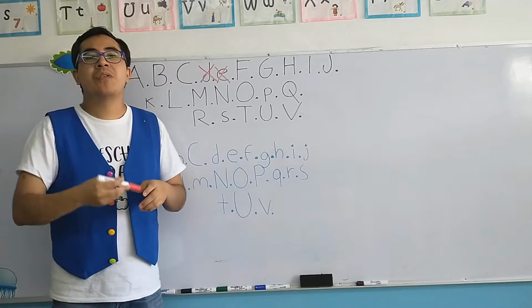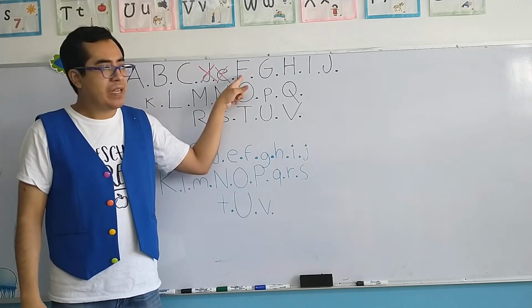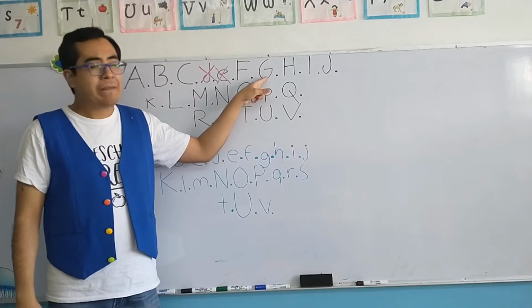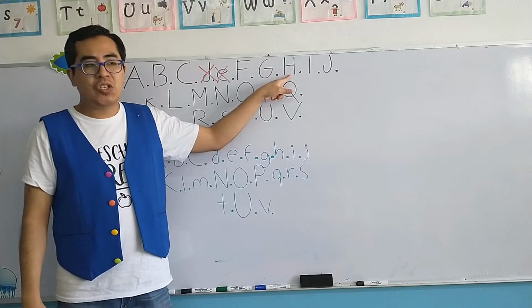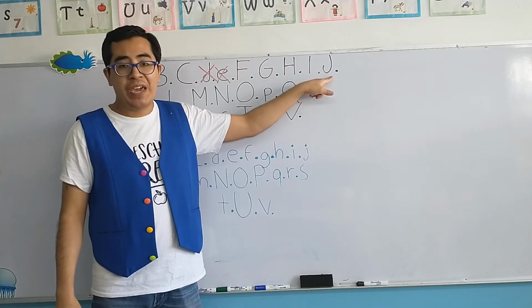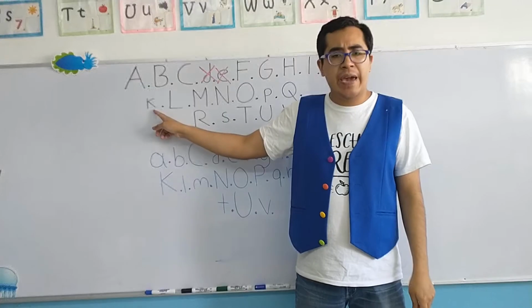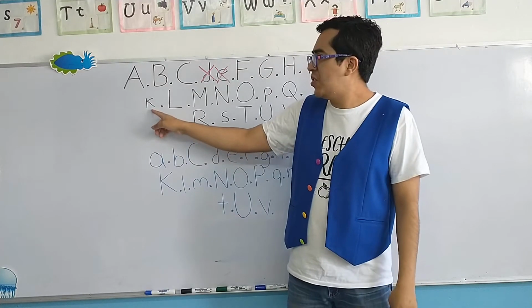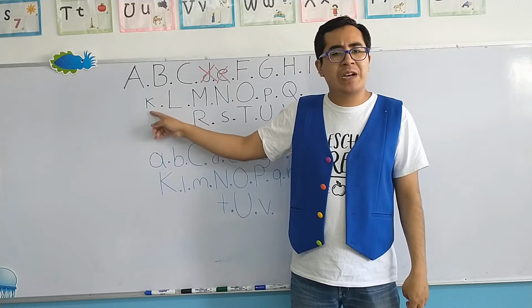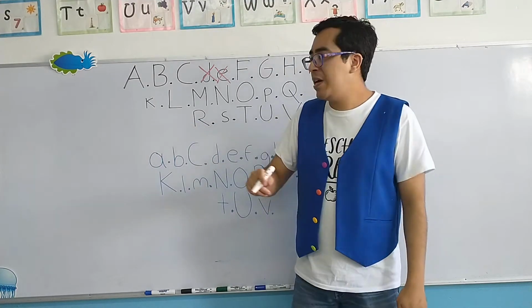Let's continue saying the letters. Capital F, capital G, capital H, capital I, capital J, small K. Okay, so this is a small letter. What we have to do? We mark it with an X. Debemos poner un tache.